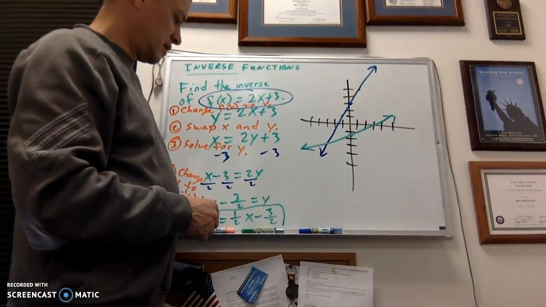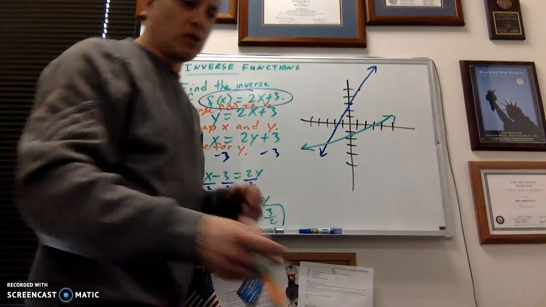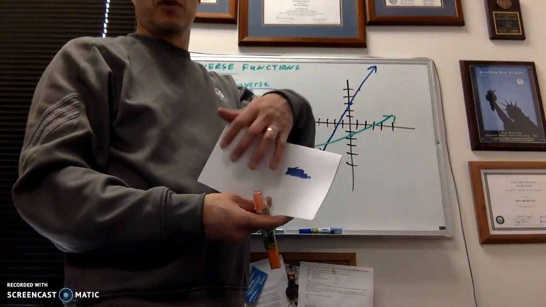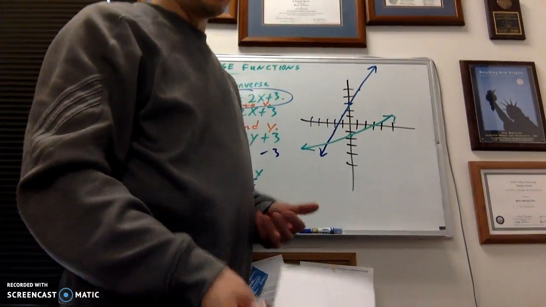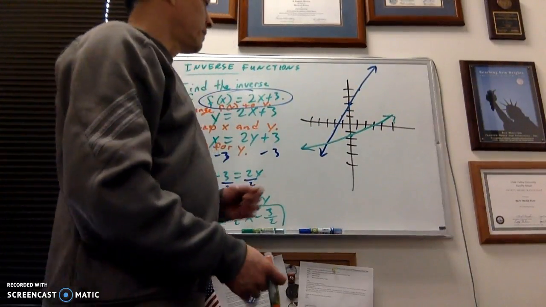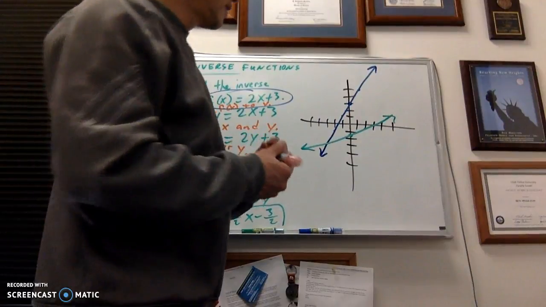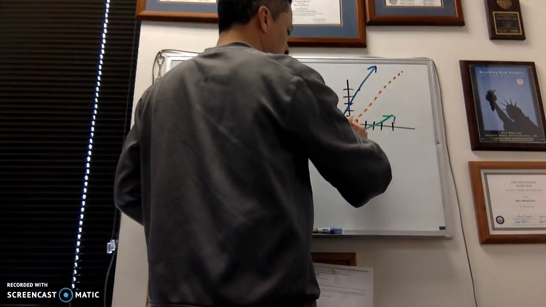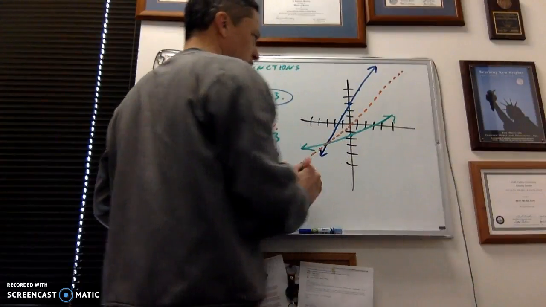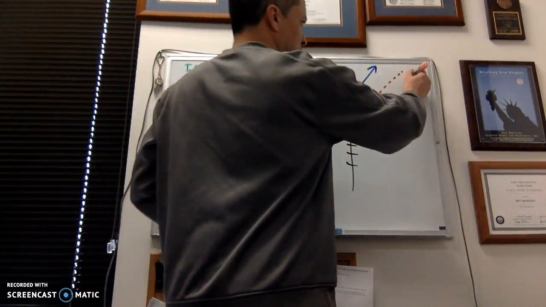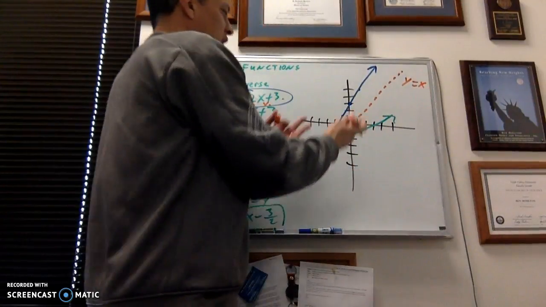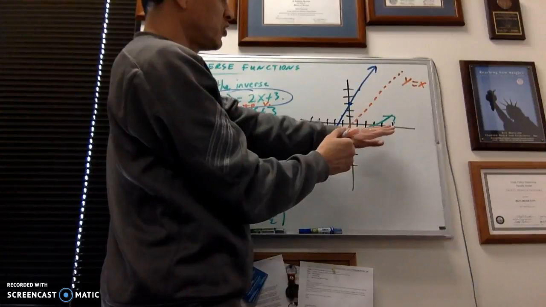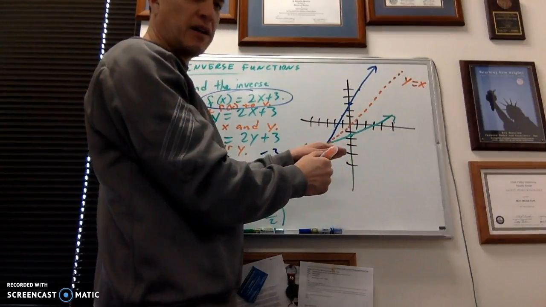Now, remember what I talked about with the paper, where if you fold it in half and unfold it, the image is supposed to superimpose? If I had paint here, it'd be easier to show, but suppose we could do that with this graph. If I draw a diagonal line through the equation y equals x, and if I folded this graph over, my blue line would then superimpose over my green line.